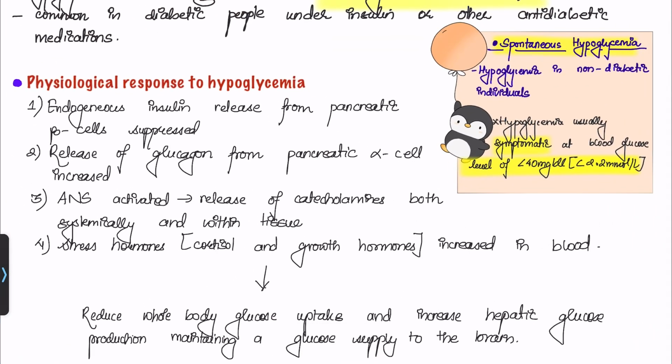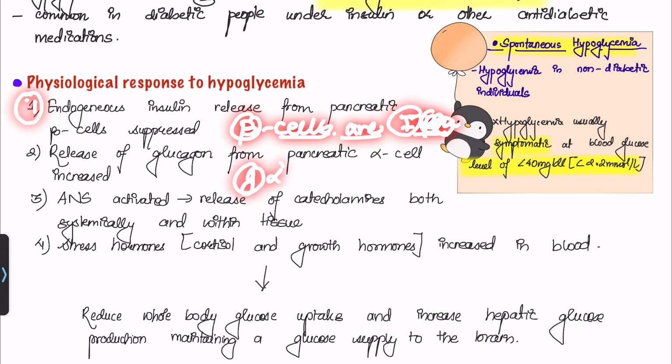Whenever there is a decrease in the blood sugar level in the body, various physiological responses get activated. The first one is that the insulin secreted by the beta cells is suppressed and the glucagon secreted by the alpha cells is increased. There is also activation of the autonomic nervous system, which releases catecholamines both systemically and within the tissues.